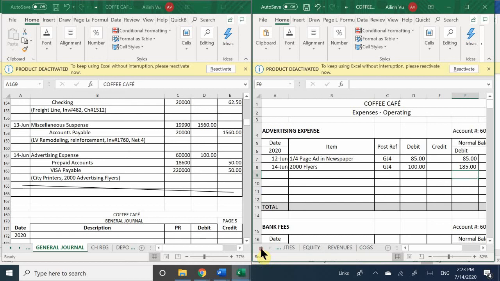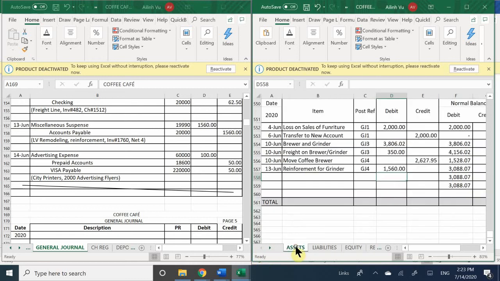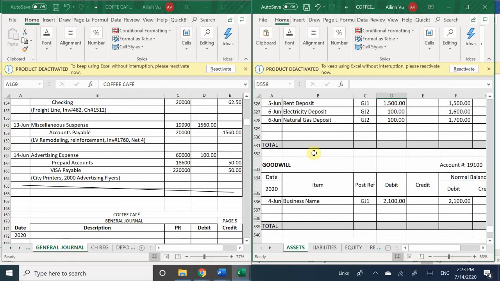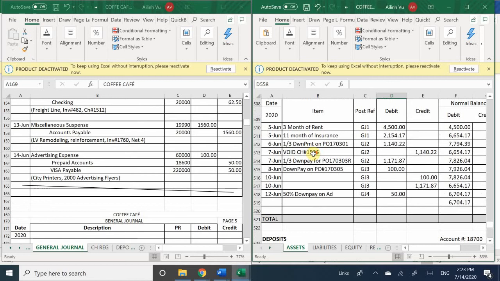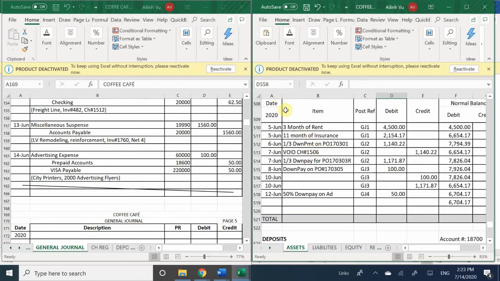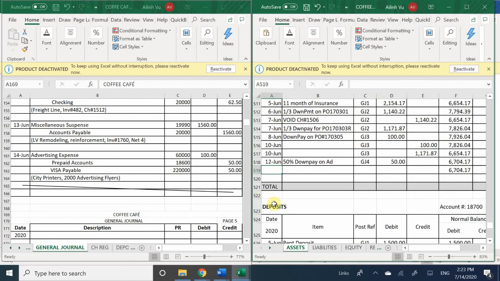Then we're going to go ahead and go to our accounts. Our assets. I believe this is going to be page 15 for you guys. The accounts payable, prepaid accounts. Okay. Bottom of page 15. Yes. All right. Here, I'm going to go ahead and indicate 6/14.